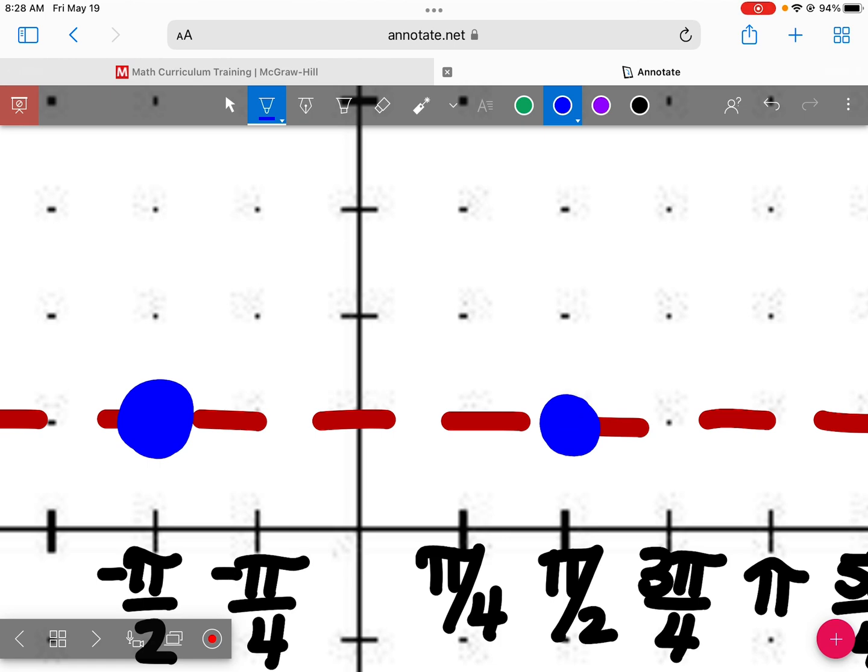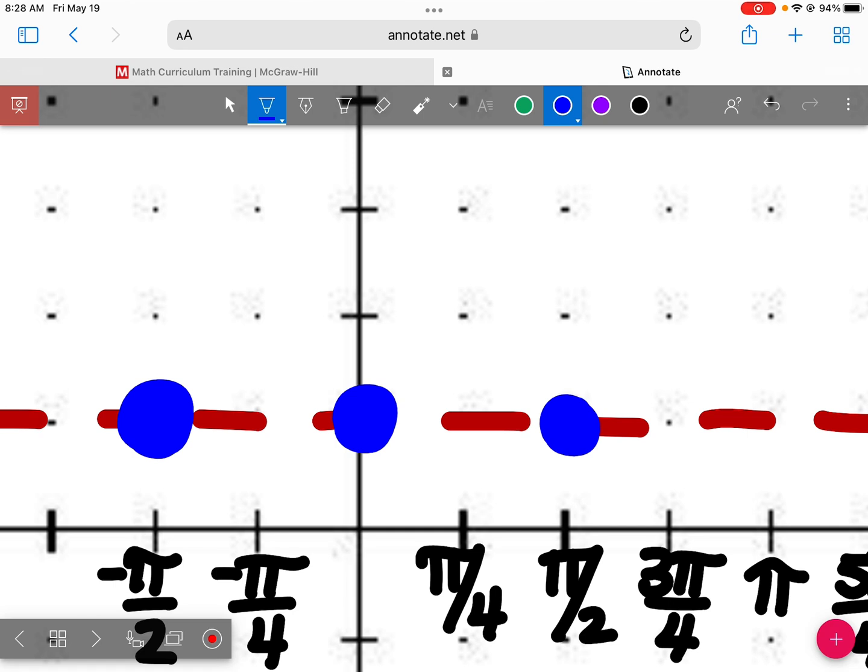What's going to happen exactly halfway in between there? You're going to hit the x-axis. Not the x-axis, but my midline again. If I didn't have this vertical shift, it would be my x-axis, yes. Midline. So we're going to hit the midline again exactly halfway in between. Normally, sine goes up first and then down, but we said this one's going to do what?